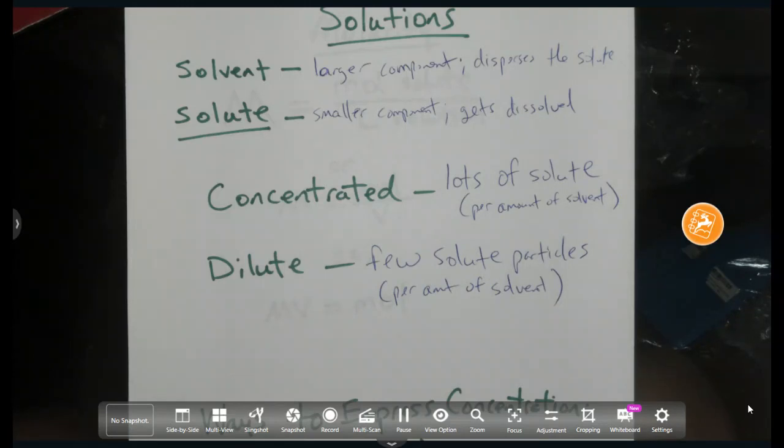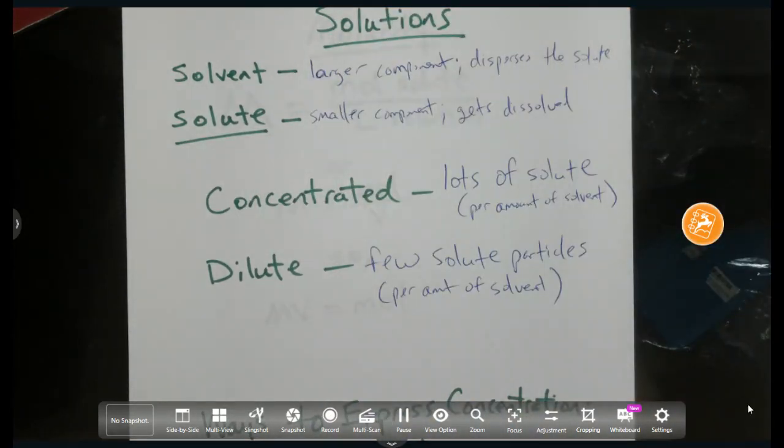So very similar to some terms you learned in human geography. If you have a high population density, people are really concentrated, they live very close by, very near each other. And then rural areas that don't have a lot of population will be something like this, dilute. You don't have very many people in that area. So similar terms, just used in different applications.